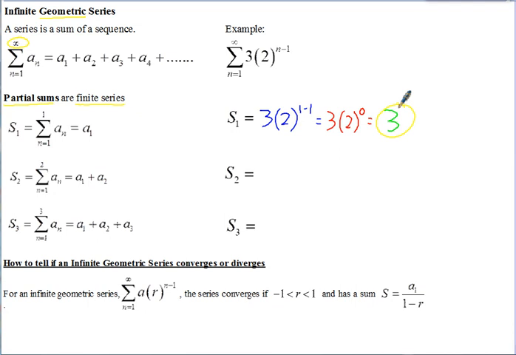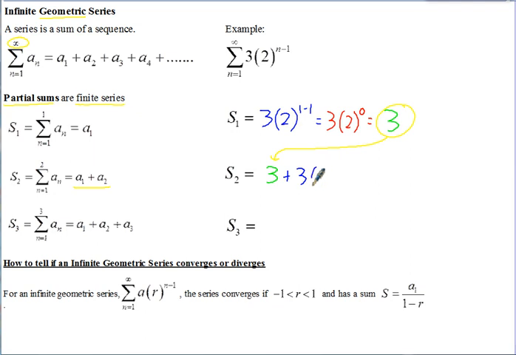To get the next partial sum, you would be using the first two terms. We already got the first term of 3, right down here, and now we have to add that to the second term. So plus, the second term you would substitute in 2, the next integer after 1.